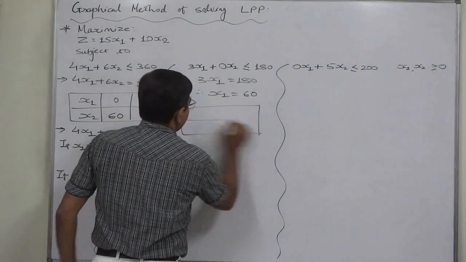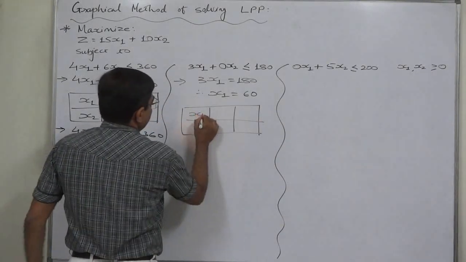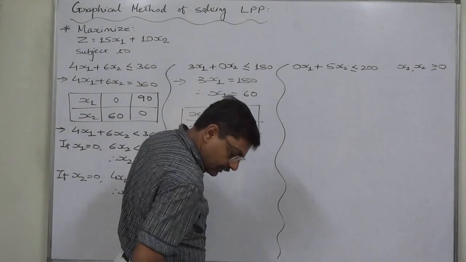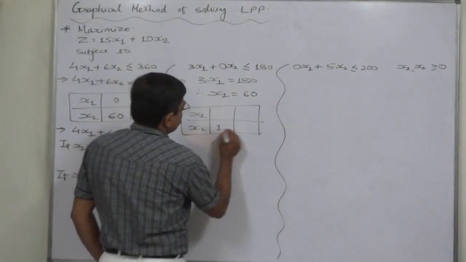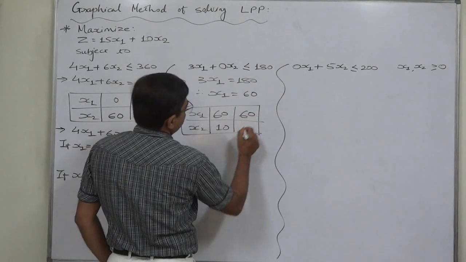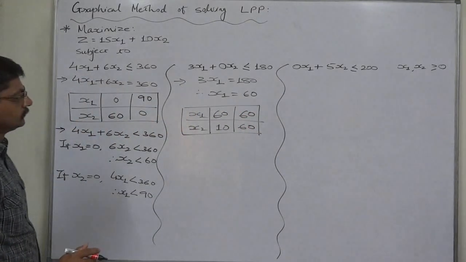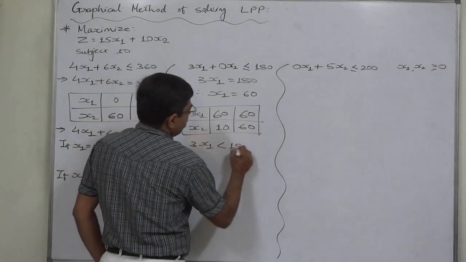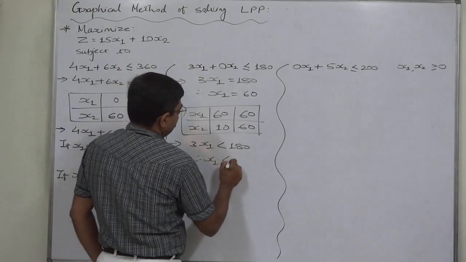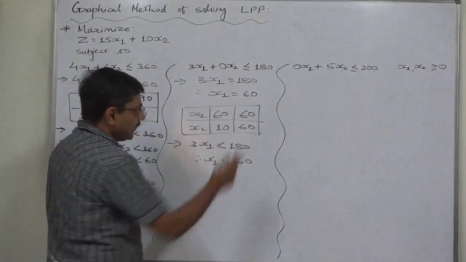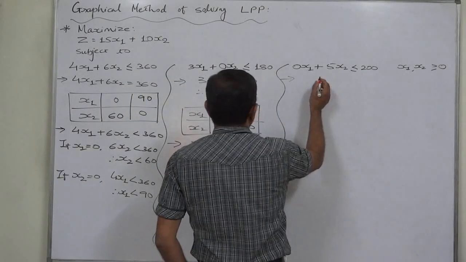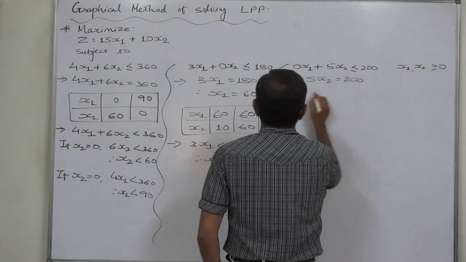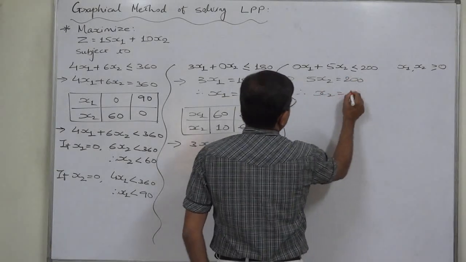But let's simplify this: for whatever value of x2, x1 will remain 60. Now the inequality part, 3x1 less than 180, so x1 less than 60. In this case also, let's first take equality, 5x2 equals 200, that means x2 equals 40.